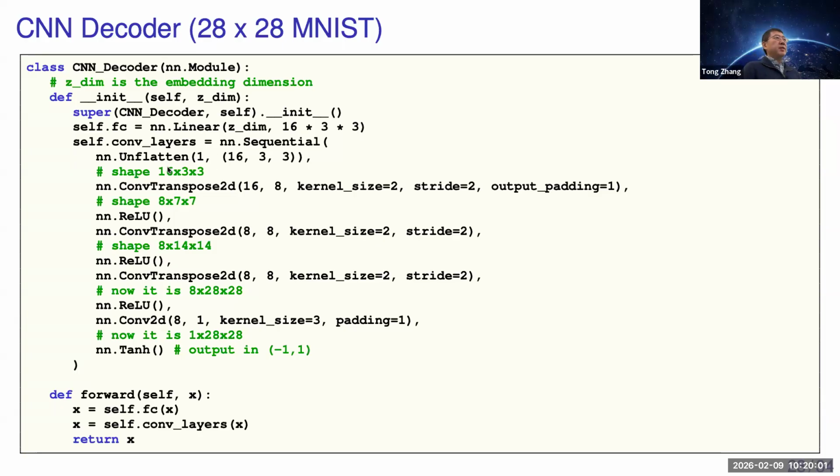So starting from 16 by 3 by 3, going through the transpose convolution, you reduce your channels from 16 to 8. Your kernel size is 2, stride is 2, which increases your spatial resolution by 2. And with the output padding, you add 1 dimension. So 3 by 3 becomes 6 by 6, and with the output padding, it becomes 7 by 7.